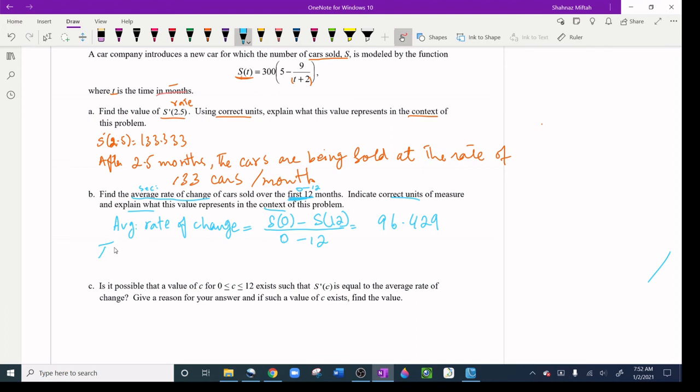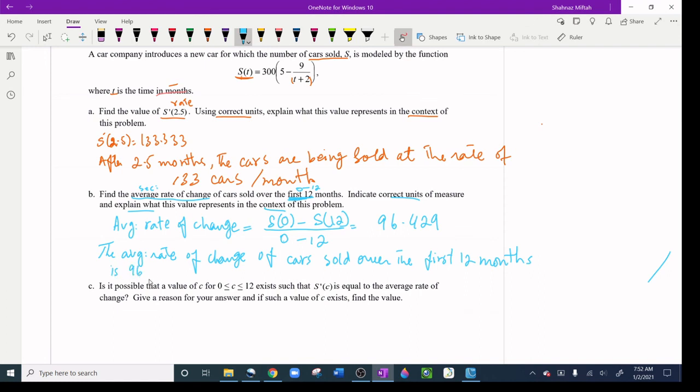So I'm going to say the average rate of change of cars sold over the first 12 months is 96.